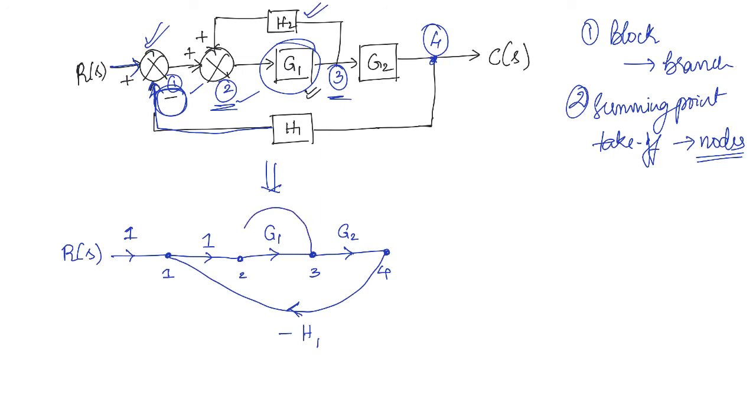You see the direction of the branch is from 3 to 2, and this will be plus H2 only because the sign that is present here is plus. And finally we have the output. The takeoff point is 4, and the output you have to connect by a branch of gain 1. So this will be the output. So this is the final signal flow graph of this block diagram.